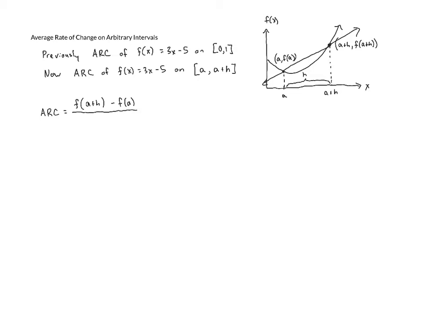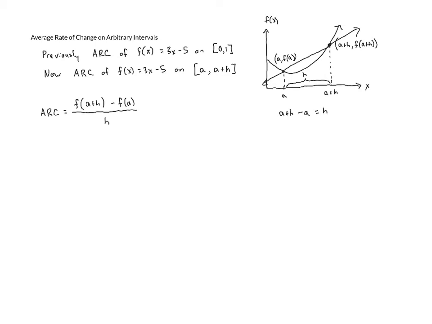But the difference in the x values is going to be a plus h minus a, which ends up being just h, which should hopefully make sense because h is the distance between these two x values, so it's going to end up being the difference. So we're going to have f of a plus h minus f of a over h.